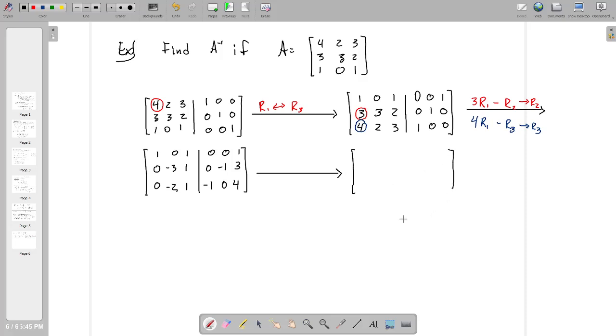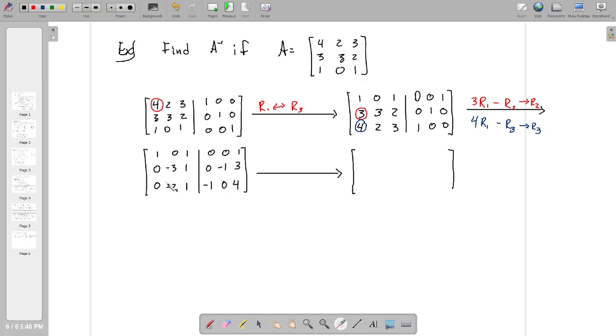And remember, in reduced row echelon form, we want to get zeros above and below each leading entry. And we want to have a leading entry of 1 for each of them. So the next thing to do is to get a 1 here. Now I don't want to use the first row to manipulate this one in any way, because then I'll lose the 0 here. And I don't want to lose that 0. I want to keep my 0 here, but I want to change this to become a 1 in some way.